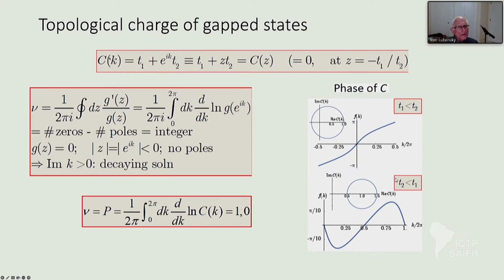Anyhow, this C of K or C of Q can be expressed as Z, a complex number, and you can see that it has a 0 at Z equals minus T1 over T2, so that if the magnitude of T1 is less than T2, there is a 0 of C of K that occurs within the unit circle.